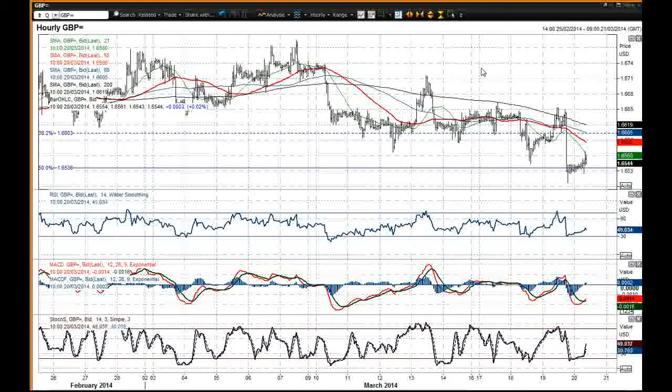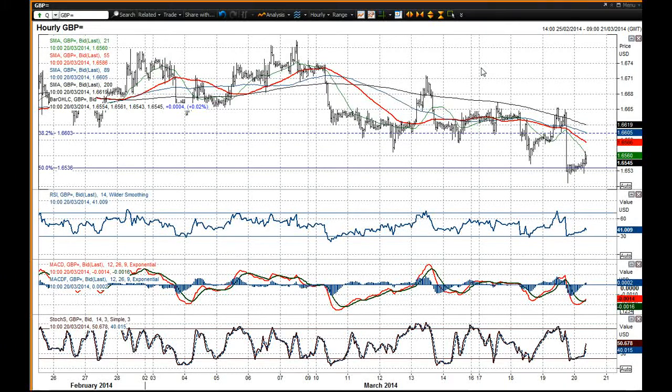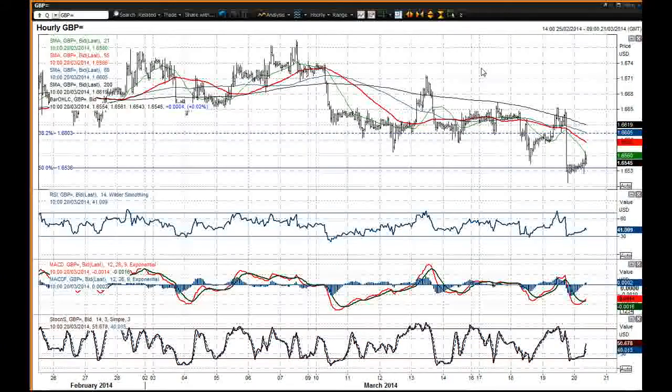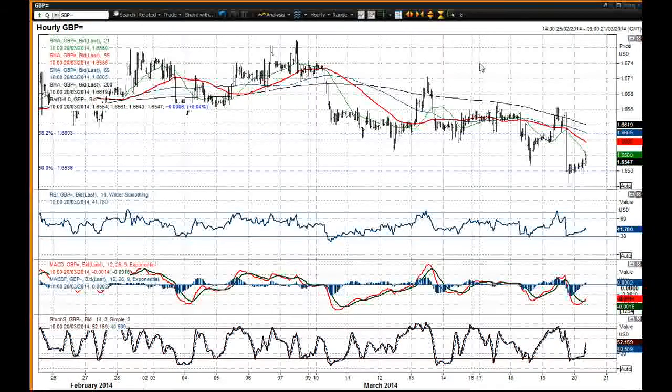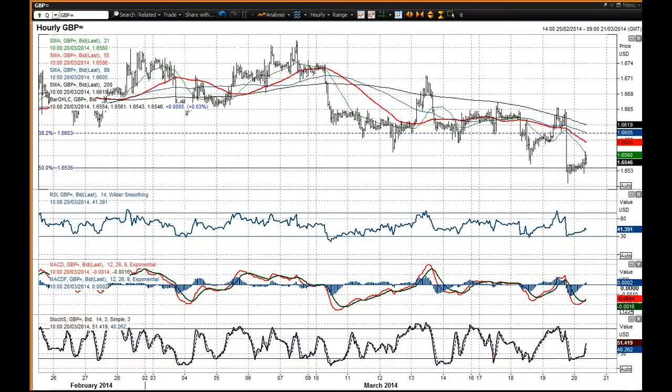Then I think cable will need to settle down once more, and once that happens, you will see the bulls reassessing whether they want to continue to back sterling or not within this recovery in that big medium-term uptrend that I talked about earlier.